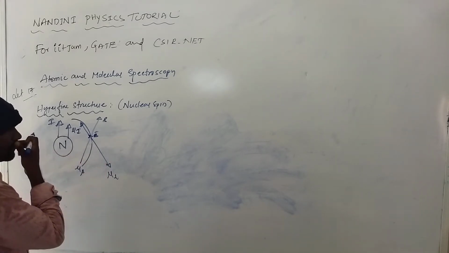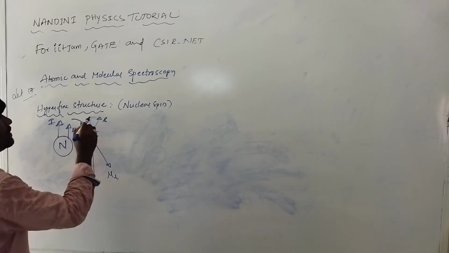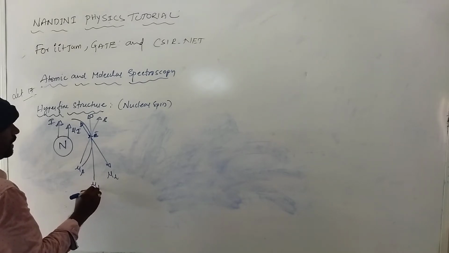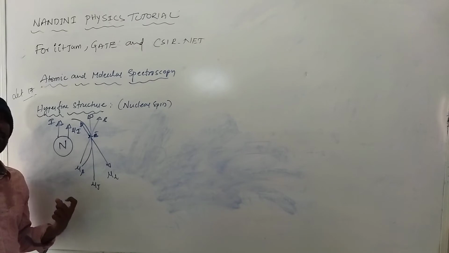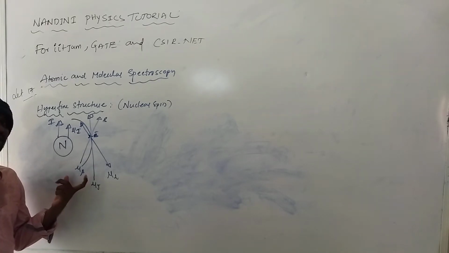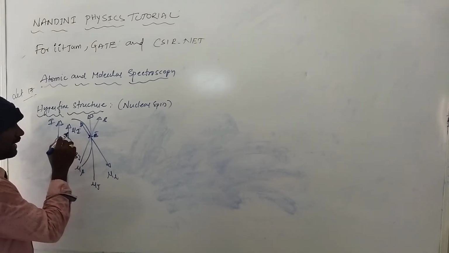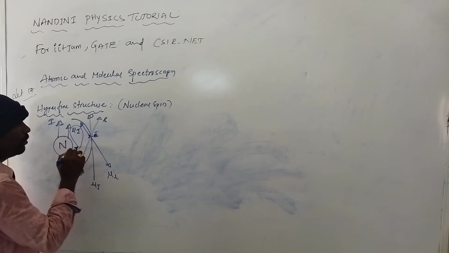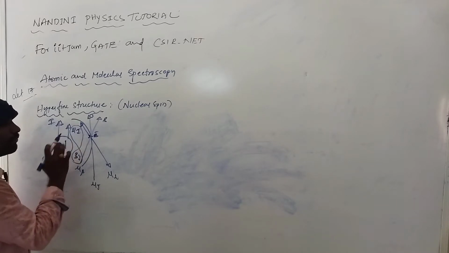Due to spin orbit interaction they create total angular momentum J, and this is mu J. The spin orbit interaction provides an internal magnetic field Bj, which interacts with the nuclear spin magnetic moment.